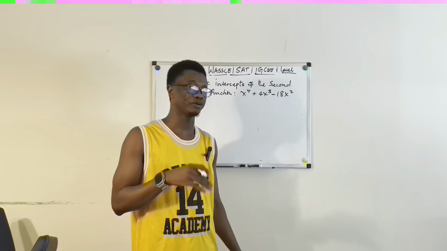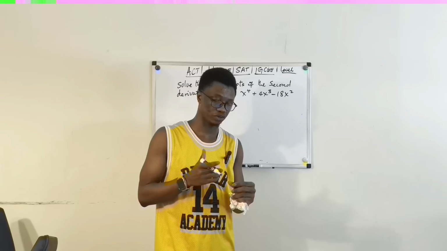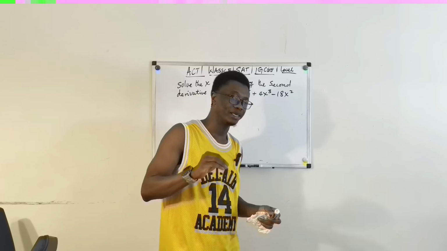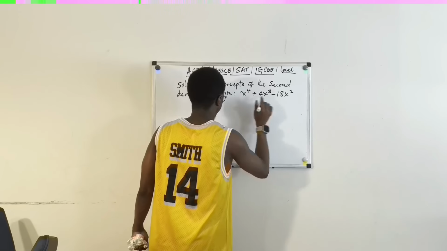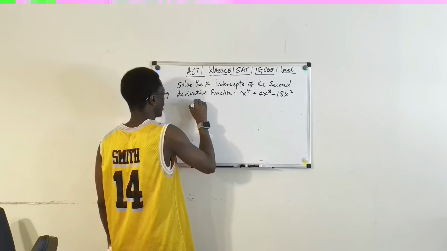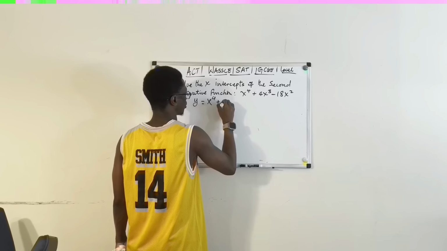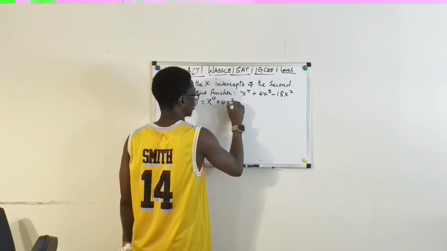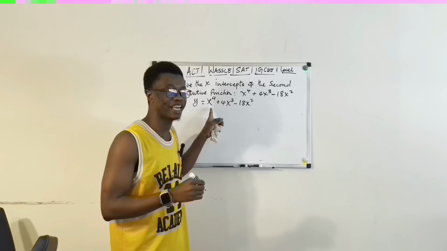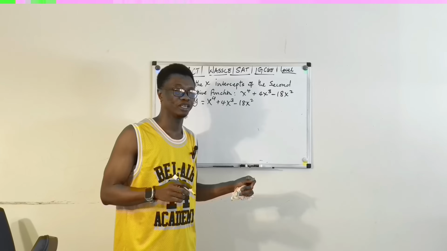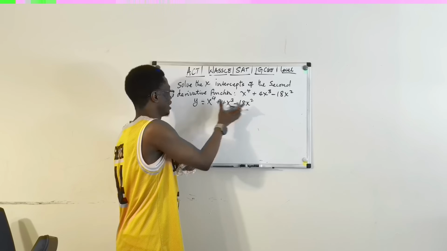Now, for us to get the x-intercept of an equation, the y has to be 0. So basically, you have y equals x raised to the power 4 plus 4x cubed minus 18x squared. For you to find the x-intercept, you equate the whole right-hand side to 0.